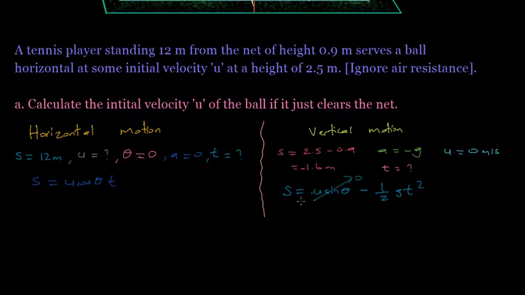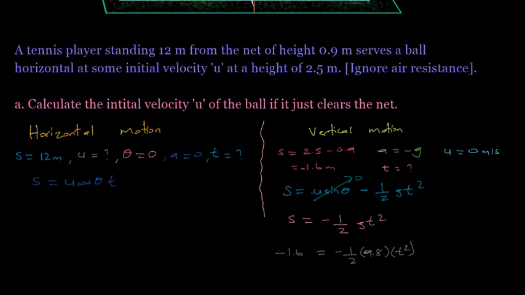So what we're going to be left with is S is equal to minus a half g t squared. Now in this case, S we said was minus 1.6. We're going to have minus a half, g is 9.8, and we multiply that by t squared.